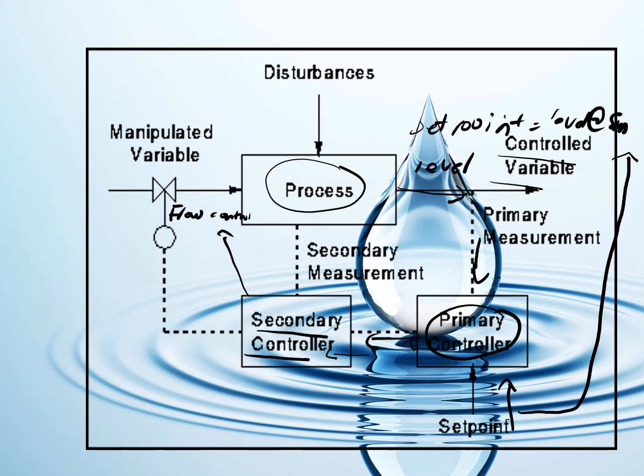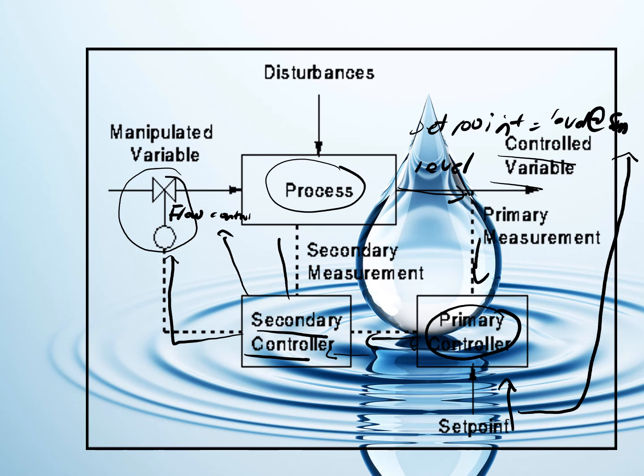But still, the secondary controller has to measure the parameter in the process. Based on that parameter, it will do a secondary correction and send the information to the final control element, and the final control element will do the action based on the output from this secondary controller.